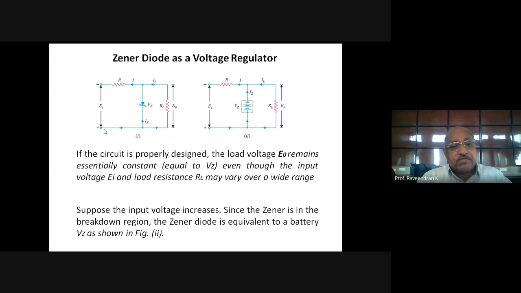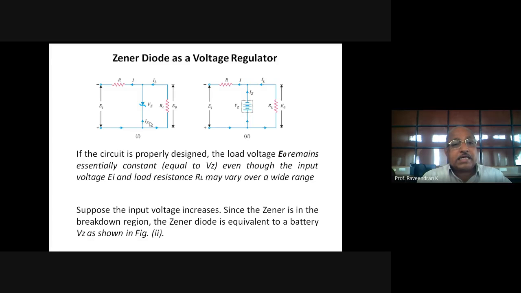If that is the case, if the input voltage is increased, when I is increased, what happens? The Zener diode should operate in its Zener region. In other words, since this Zener diode is connected in the reverse biased condition, it operates in the Zener region. Once it operates in the Zener region, the current through the Zener diode, that is the Zener current, will be increased with the increase of input voltage.